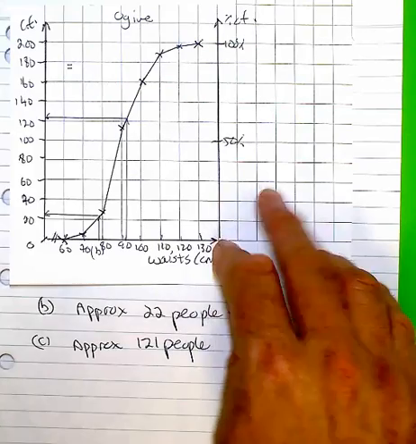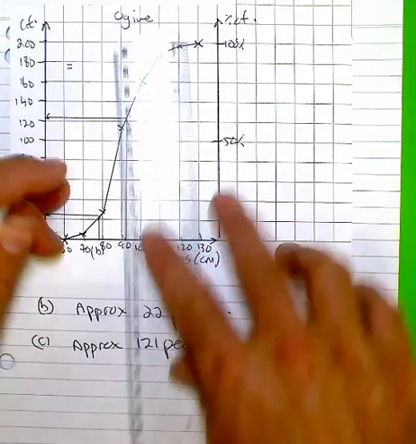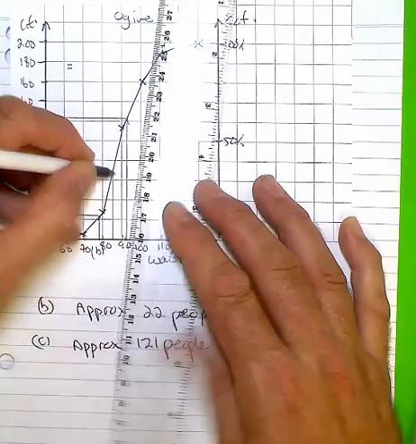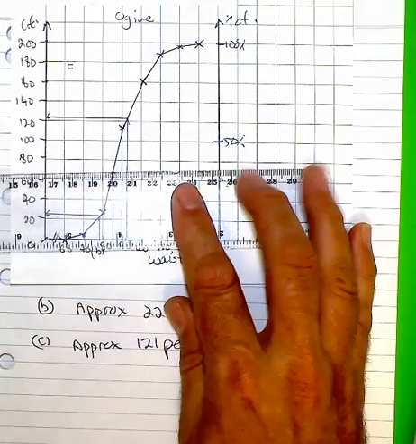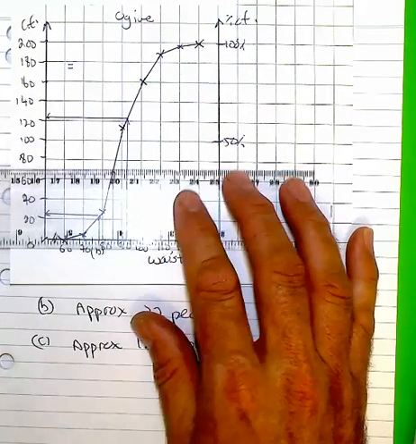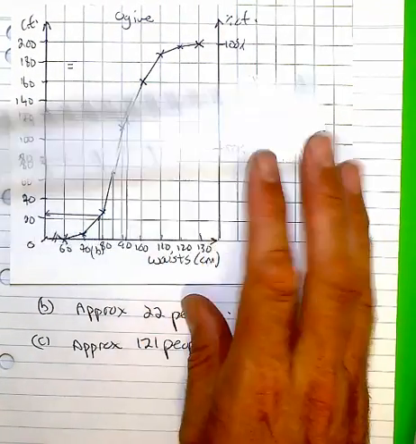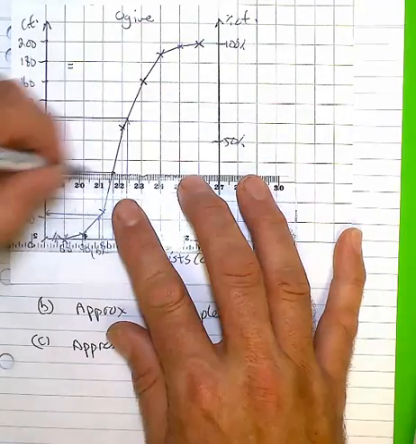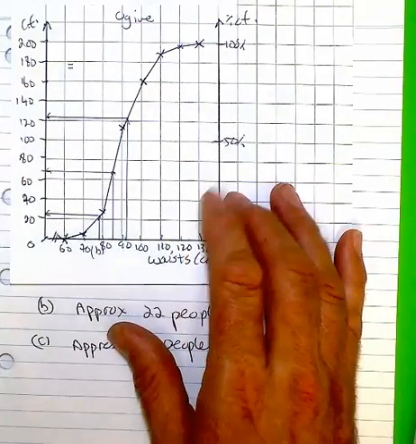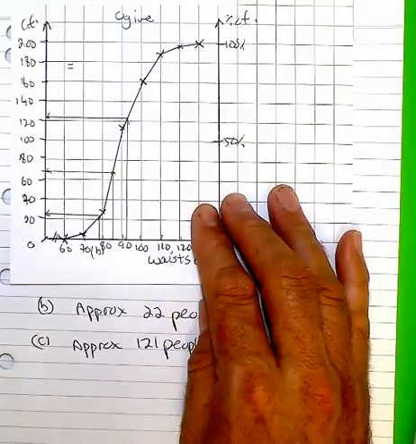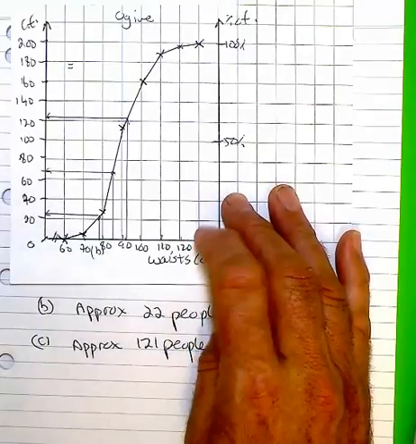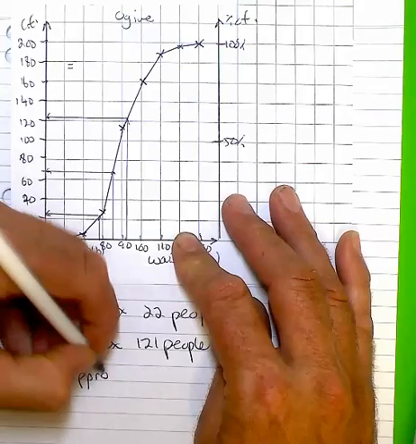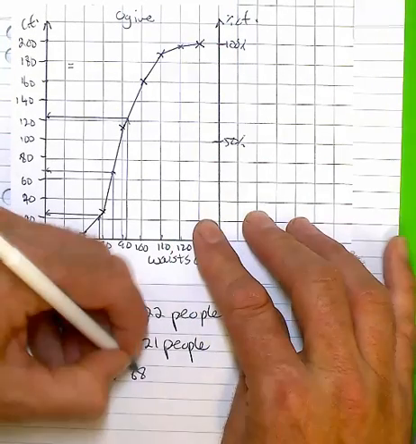For D, waste size less than 86, in a very similar manner. Reading up and reading across. Approximately, I'll say 68.